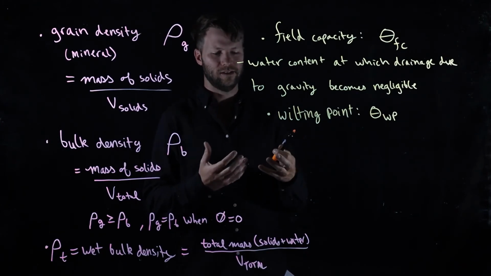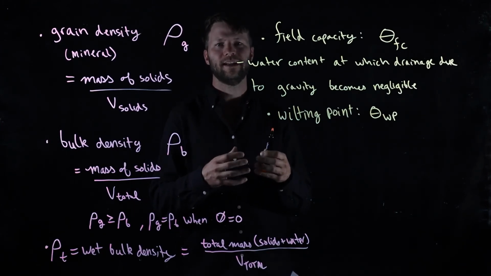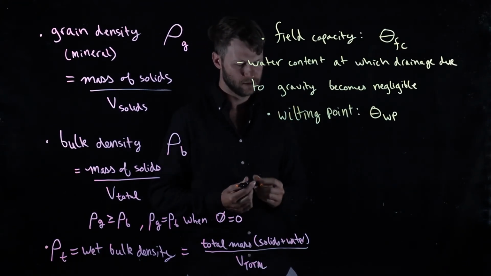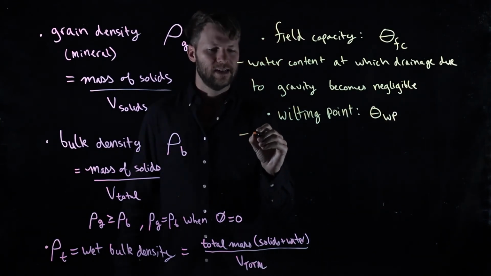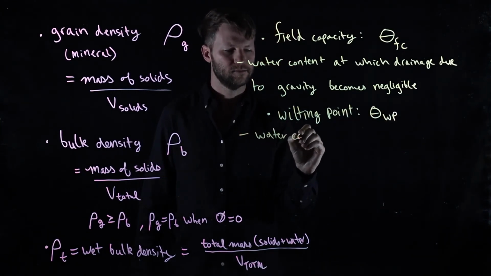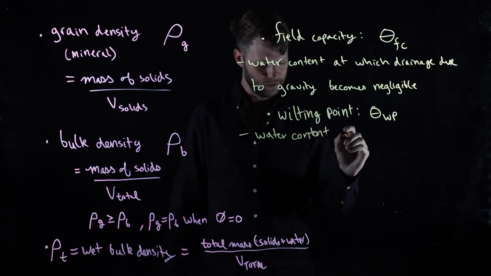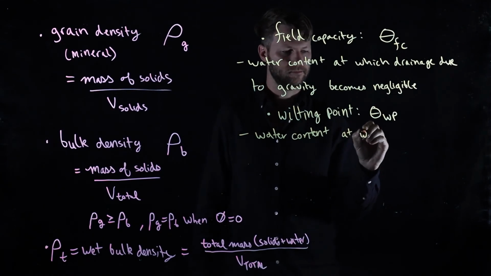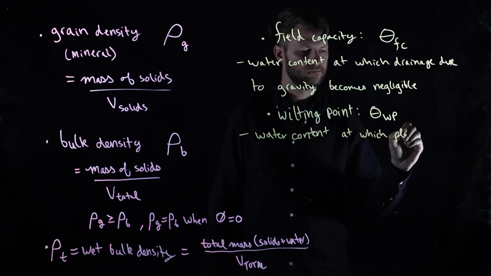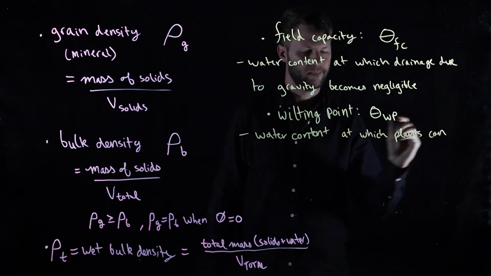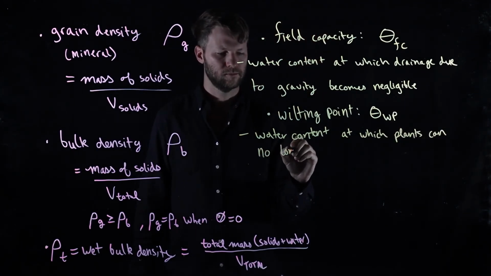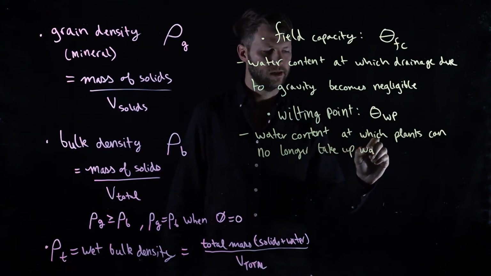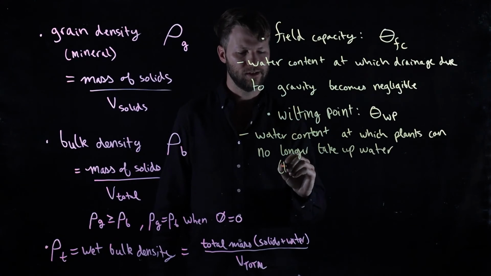The point at which the sponge is so dry that the plants themselves can no longer pull water out of it is known as the wilting point. So we will define this as the water content at which plants can no longer take up water. In other words, the transpiration has ceased.